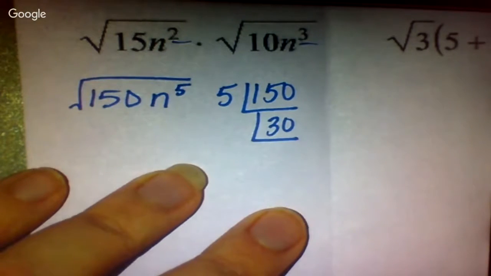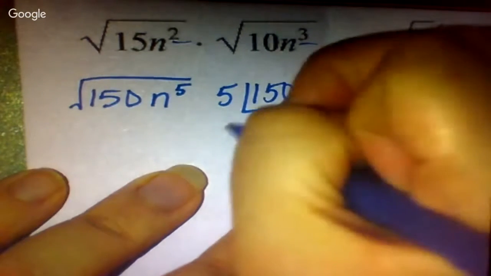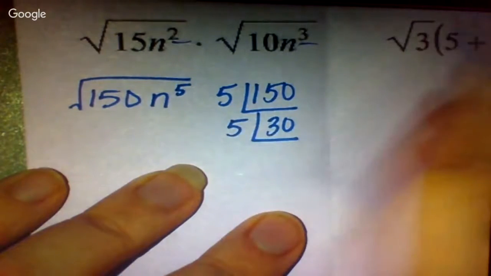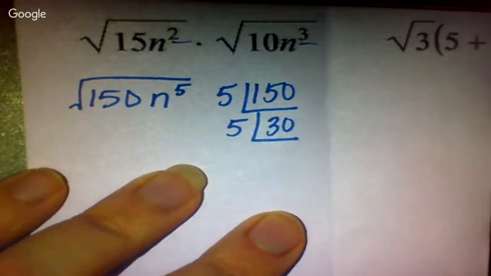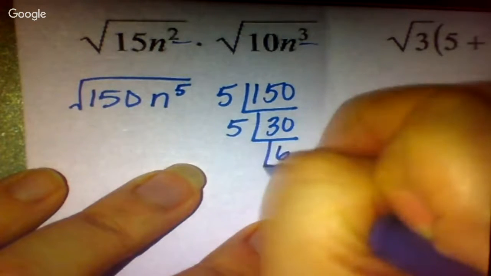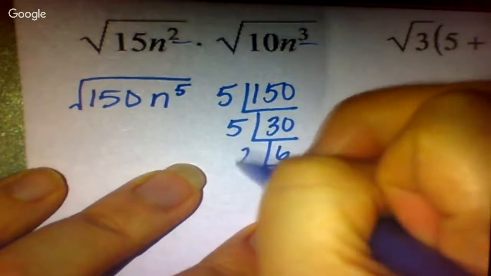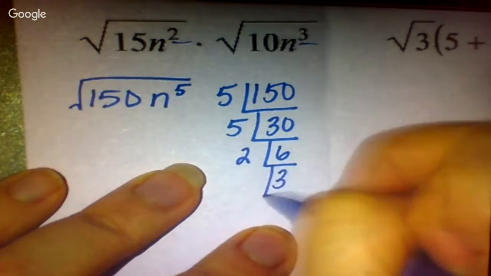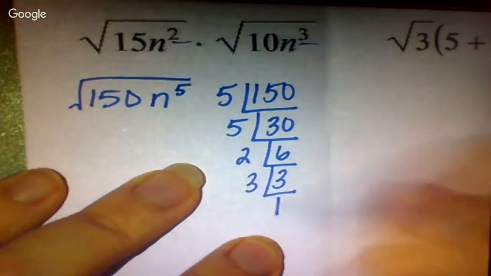It also ends in a 0. So what can I divide by? 5. You could do 5 again. You could do 3. It doesn't matter. If I pull out 5, what am I left with? 6. 6 is 2 and 3. 30 is 5 and 6, which is 5, 2, and 3.